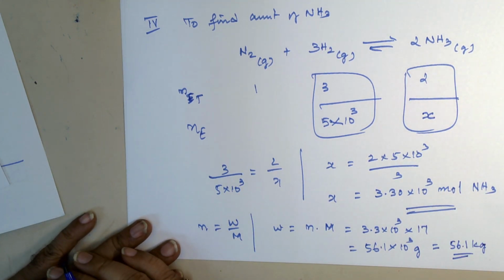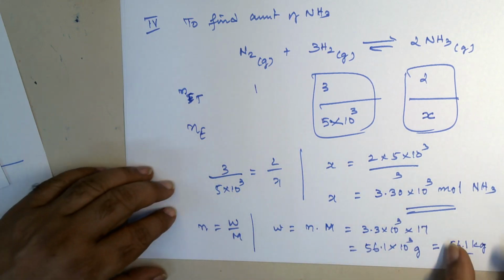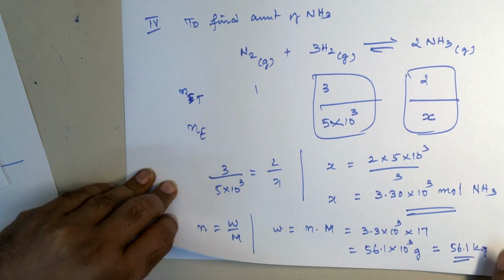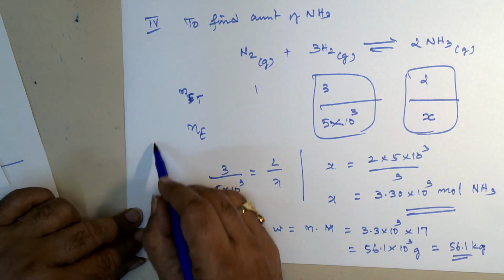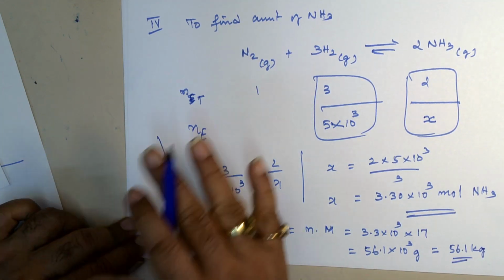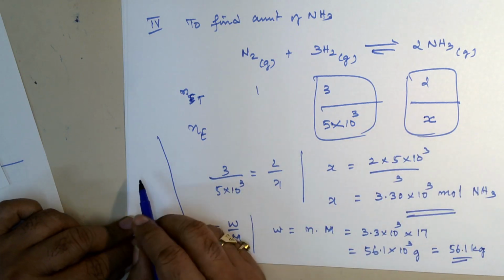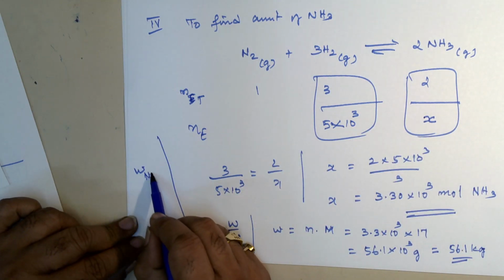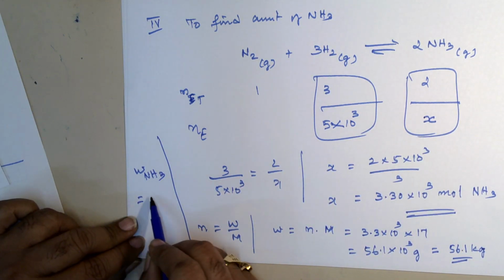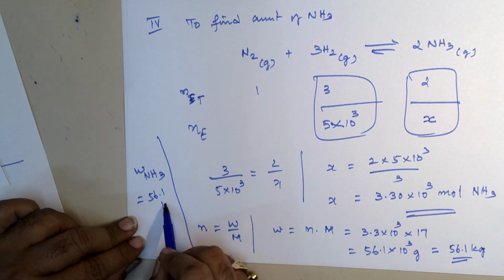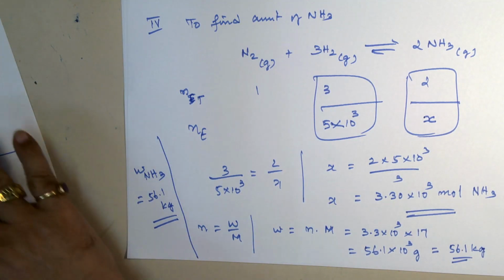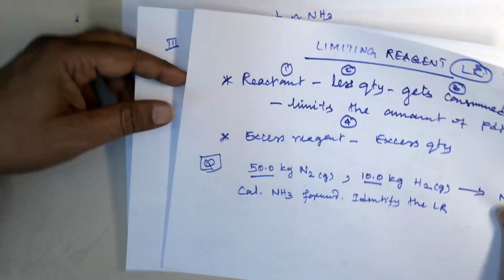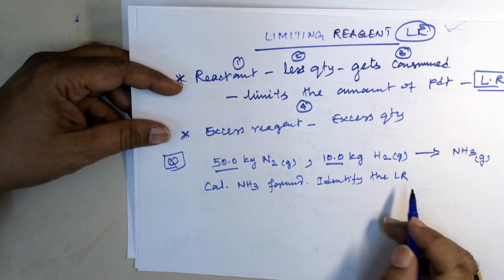Okay. So this is the way you have to calculate the final product and how much we can get. That is 56.1 kilogram of ammonia can be obtained from these experimental values. So the weight of ammonia obtained can be how much? 56.1 kg. So this is the way you have to report. And there are two questions here. Is it not? You please go through the question. What is asked here?